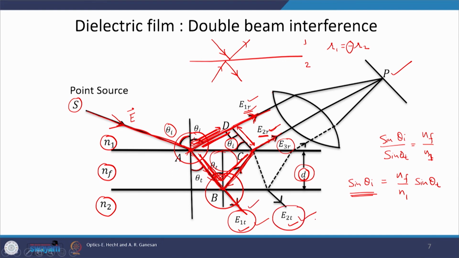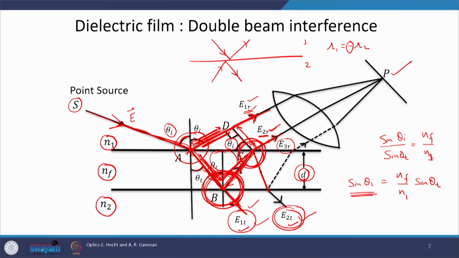In transmission, the first beam does not suffer any reflection, while in the second transmission the first reflection is here and the second reflection is here. These reflections are internal. These are happening within the same film.